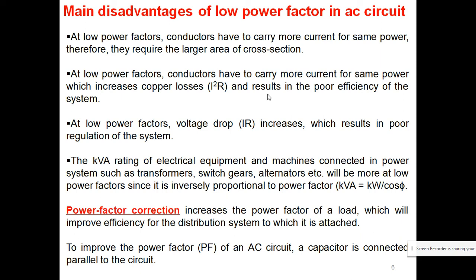So any electrical equipment is rated by volt-ampere or kilovolt-ampere.